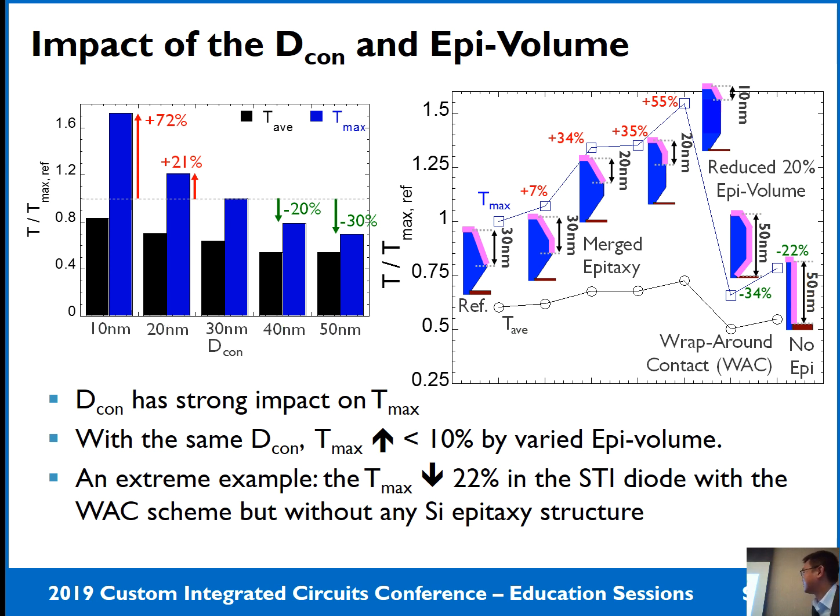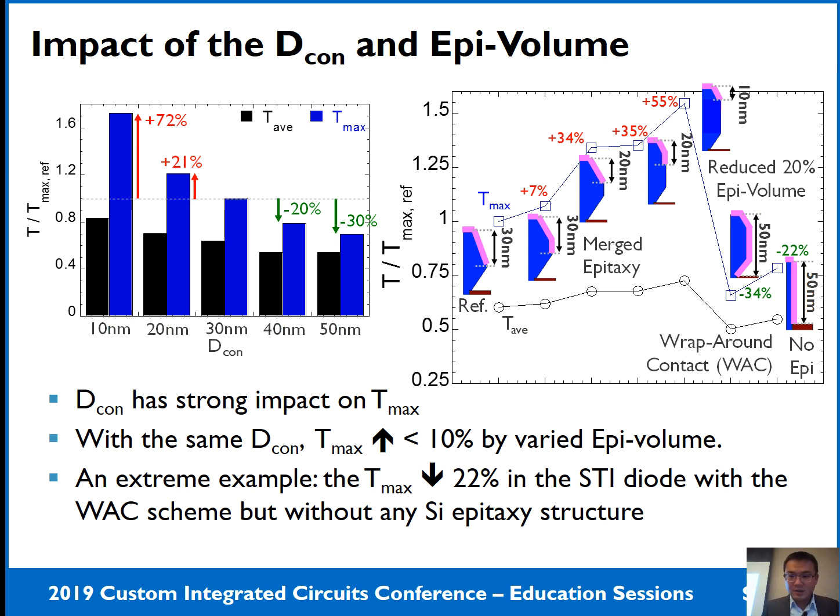However, this process is still quite difficult in today's technology. But this will also benefit the functional transistor. So I think it will be a goal to go with a wrap-around contact. It is also good news for the ESD diode because it will reduce the maximum temperature for the ESD protection device.